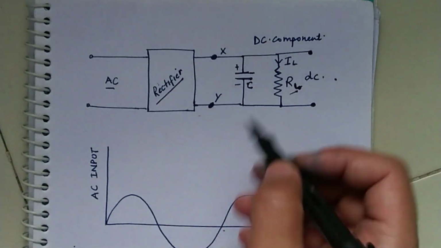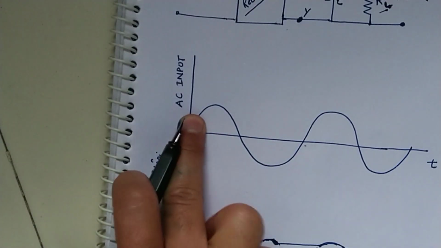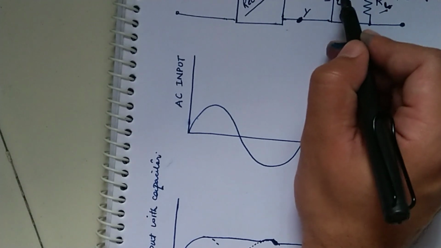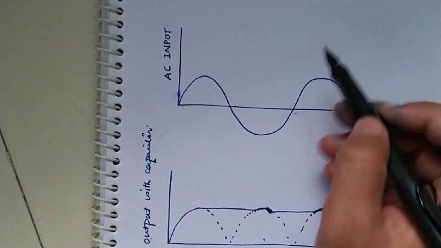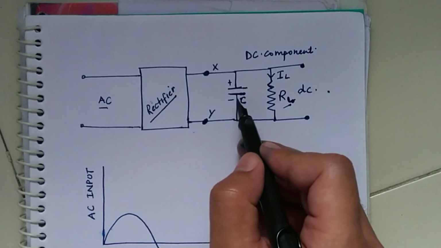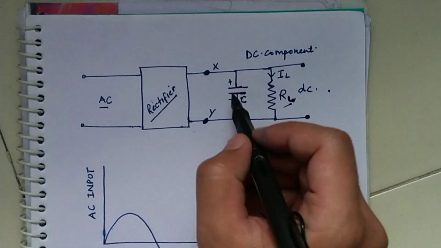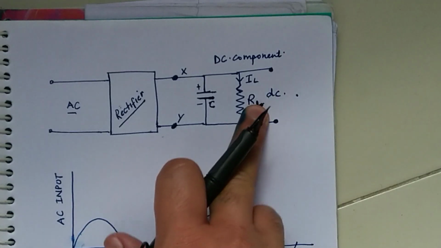So what will happen in the positive cycle of AC? In the positive cycle of AC, this capacitor gets fully charged. It gets fully charged, and during the negative cycle of AC, it retains the charge and keeps providing the same voltage as in the positive cycle across RL.